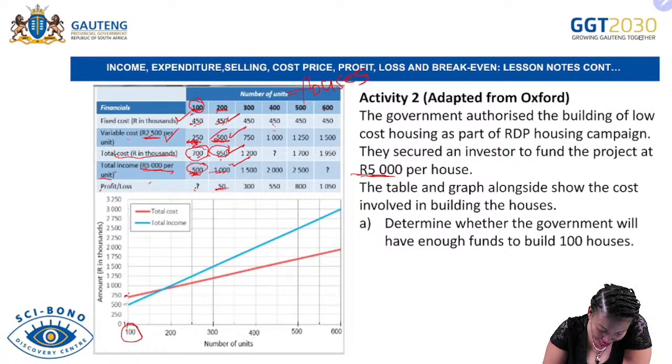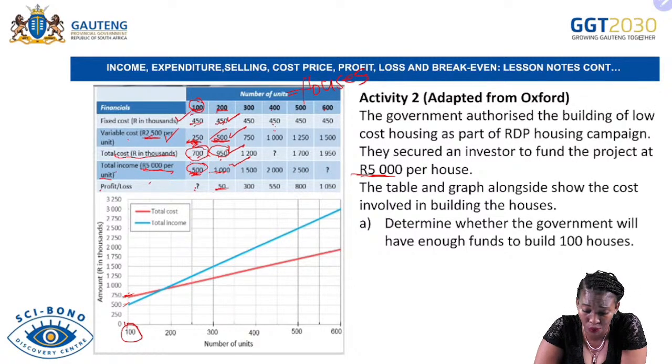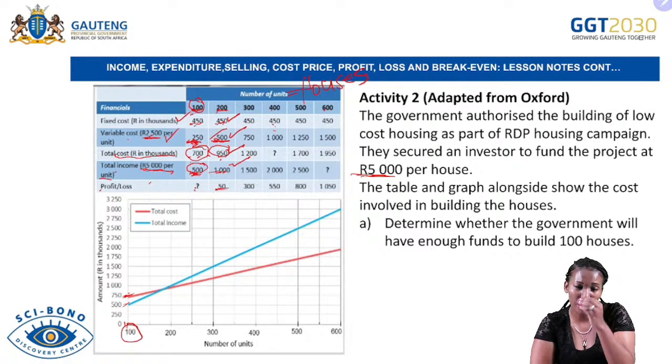It's at 500,000. And then where is the expense? The expense is there at 700,000. So it means now for 100 units, the government will not be able to afford to build all the 100 units, because the income that they have is less than the total expenditure that they must incur.